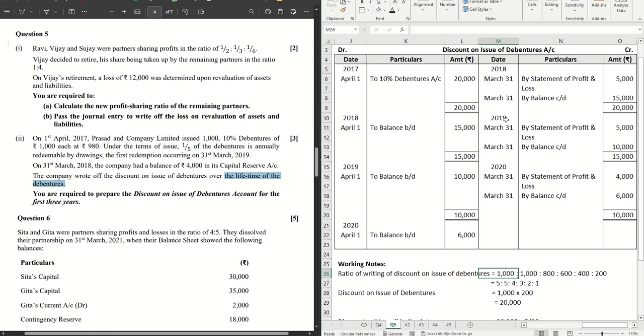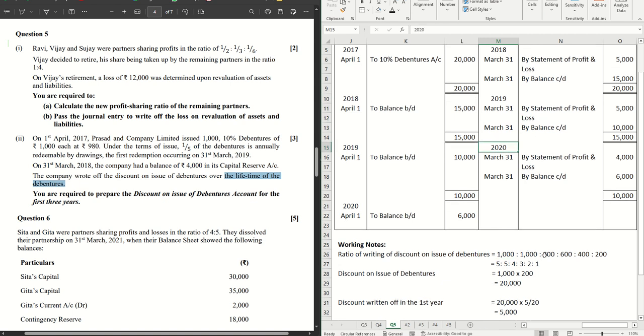Once it is redeemed, then for the next year 2020 it reduces by 200 and so on for every year going forward. 1/5 of 1000 is 200. That's why after the second year, you see the reduction in debentures by 200 each year. Don't be confused.